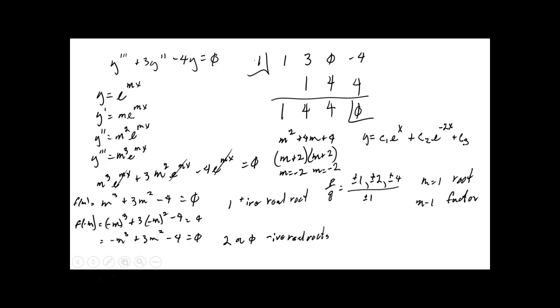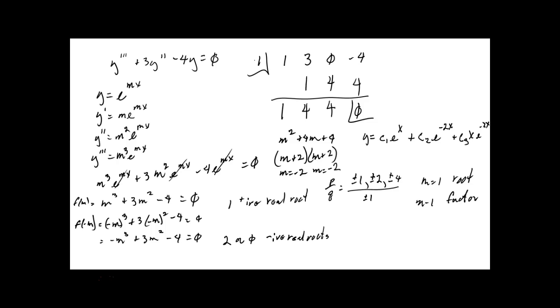You can't do e to the minus 2x again. That would not be linearly independent. So what we do is put an x, x e to the minus 2x. And that's what they told us to do in case 2: c1 e to the m1 x plus c2 x e to the m1 x. That's what you do when you have multiple roots.